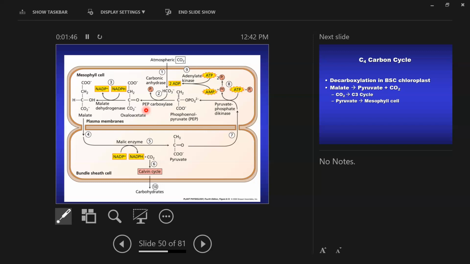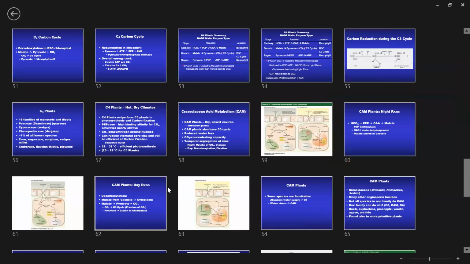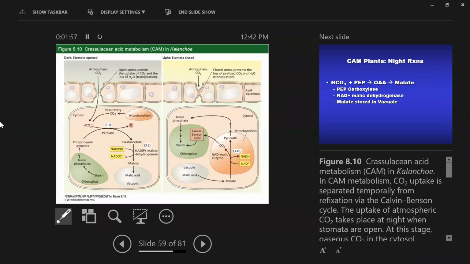It's just seeing all that lovely carbon dioxide. That's happening in both the C4 and CAM. Here they're showing the same thing, phosphoenolpyruvate and carbon dioxide reacting in the active site of the PEPcase enzyme.